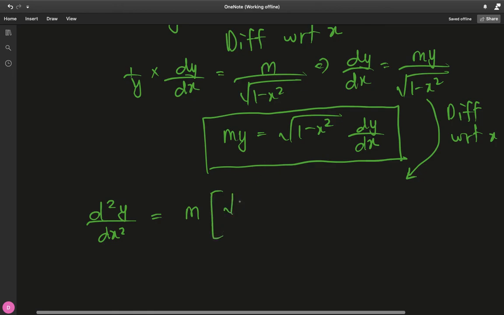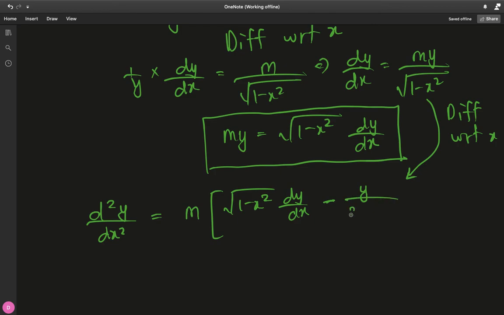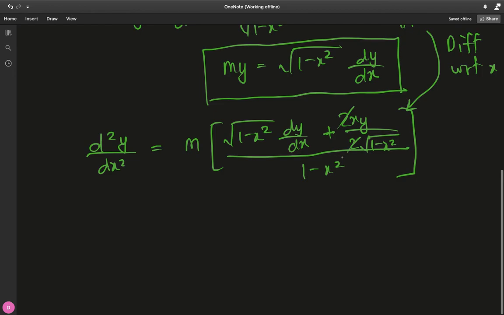Now quotient rule: square root of 1 minus x squared times dy over dx minus y over 2 times square root of 1 minus x squared and a negative 2x, negative negative positive 2x, like that. But all of that is still divided by the square of the denominator, which is 1 minus x squared, because we lose the radical. So the 2's will cancel out.